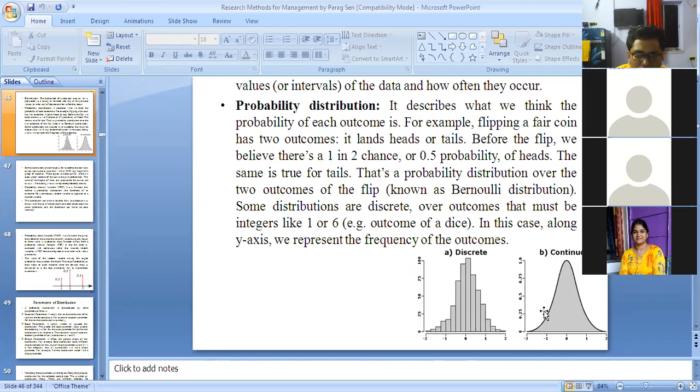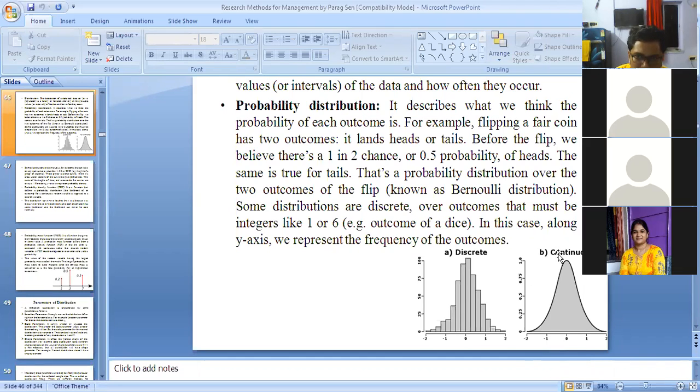And in case of continuous distribution, suppose you are representing the heights of the students, it can be any value. Suppose you are representing in centimeters: 175.13, 168.29, 179.37, 178.21. So any kind of values are possible here.